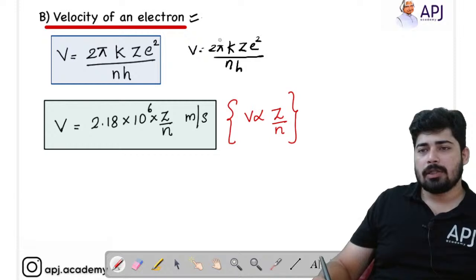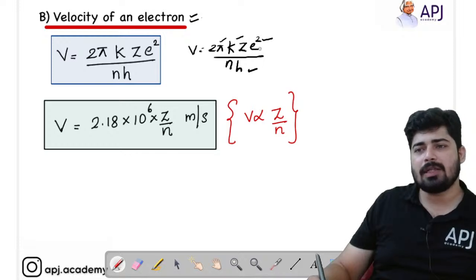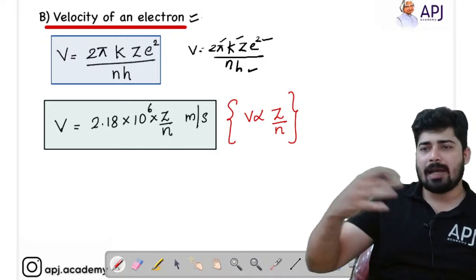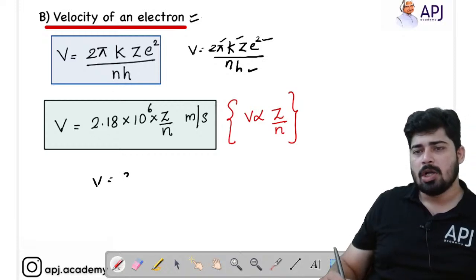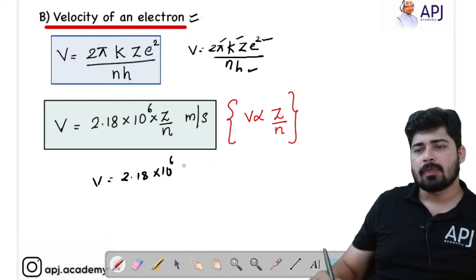Applying all the constants, we get velocity is equal to 2.18 into 10 raised to 6 z by n meter per second.